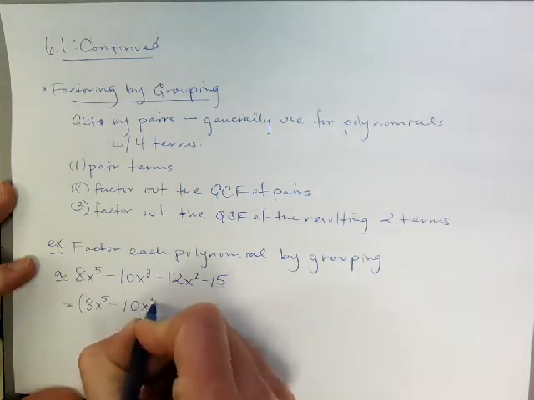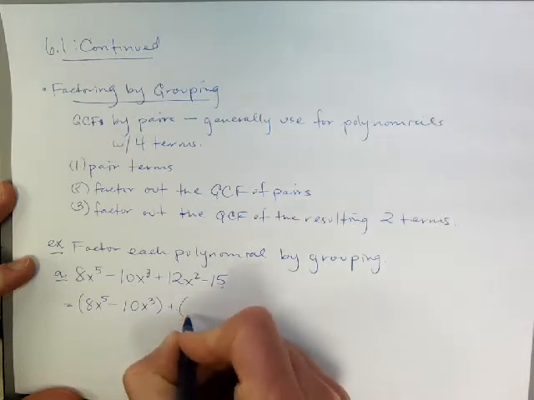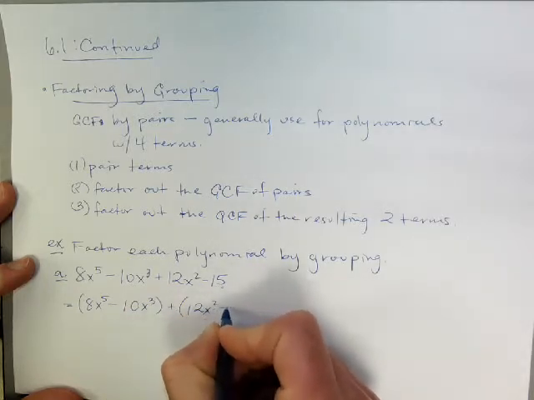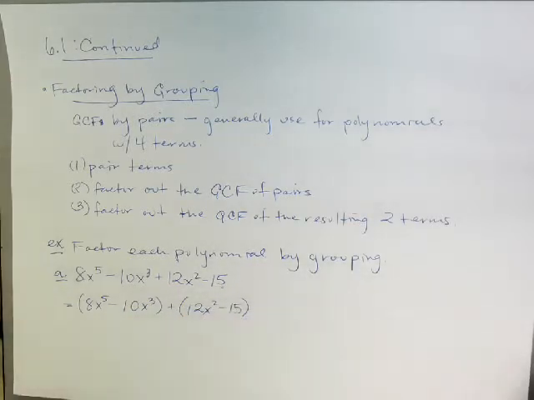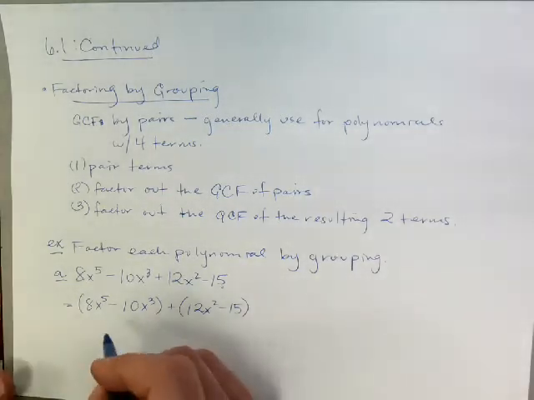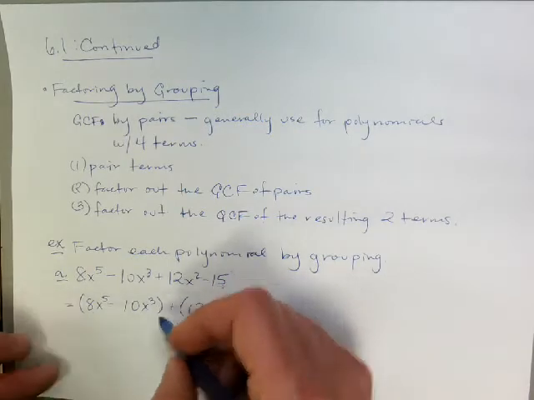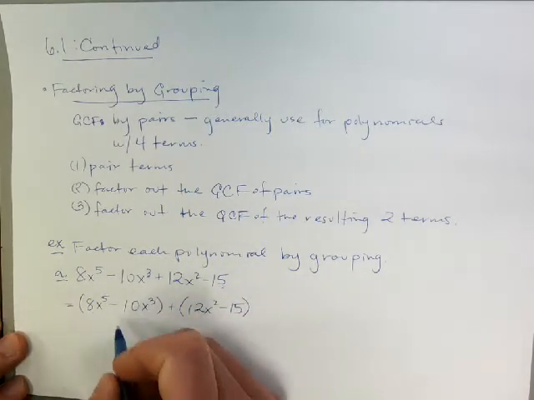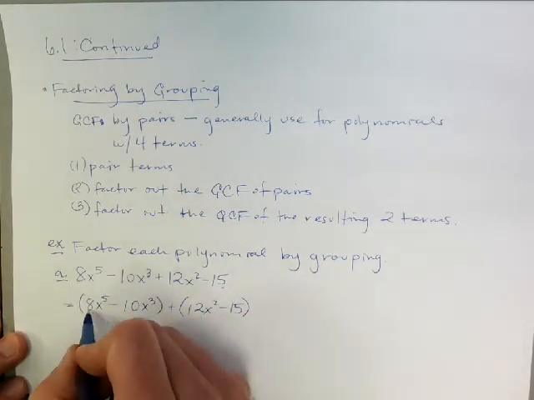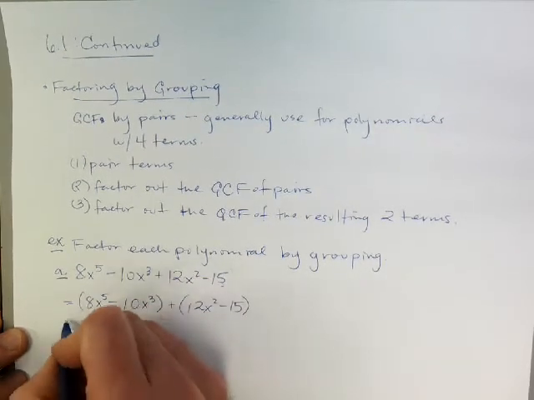And you can pair them any way you want, but it often works to just pair them up as they're shown. And notice each of these pairs, so if we just look in the parentheses here, then we can find a GCF of those 2 terms. So 8 and 10 are both divisible by 2.